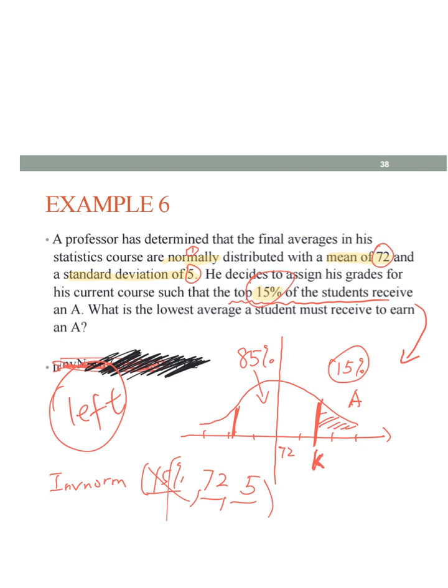We have 85% of students can get A in this class. Okay, so this K is here. We have 85% of observations less than this K. So we input 0.85 or 85%, and then mean, standard deviation. And it will give you the output. It's 77.2. So if a student gets 77.2 or higher, this student can get A in this class.